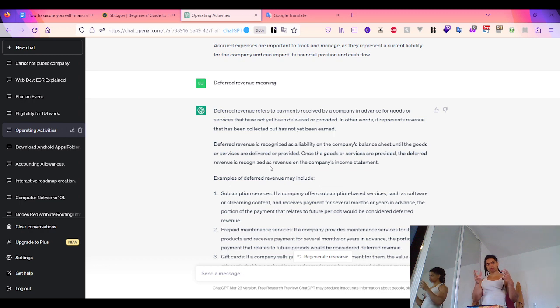And this is accrued expense. And deferred revenue is payment that I made for services that I haven't received.